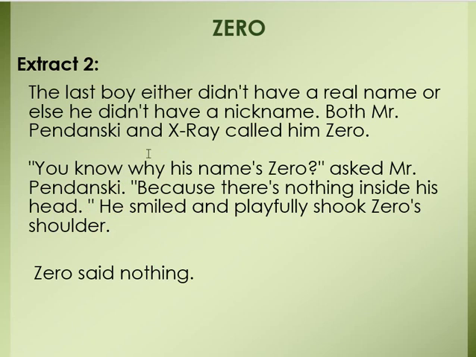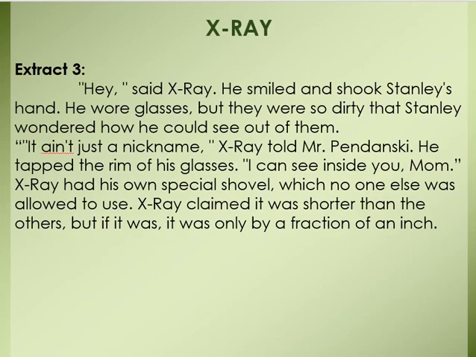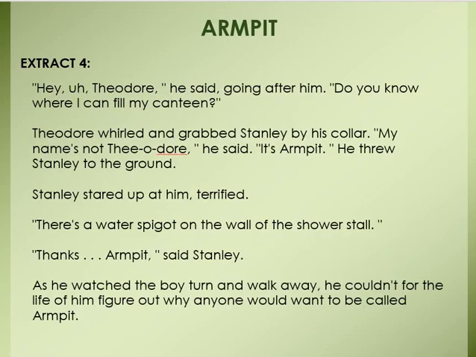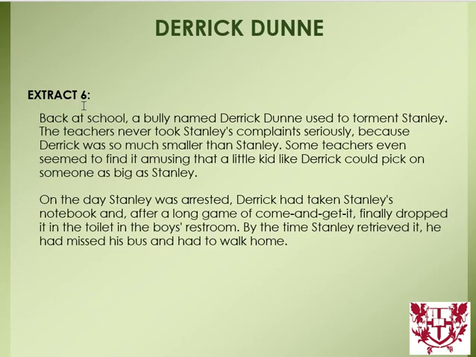Next is the character of Zero. There's an extract here from Zero. An extract about X-ray. An extract that tells us something about Mr. Pendanski. Oh, that's not 4, that's 5. So Armpit, and then Derek Dunn.